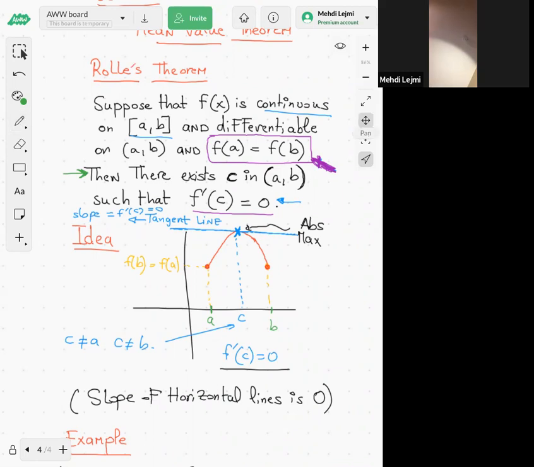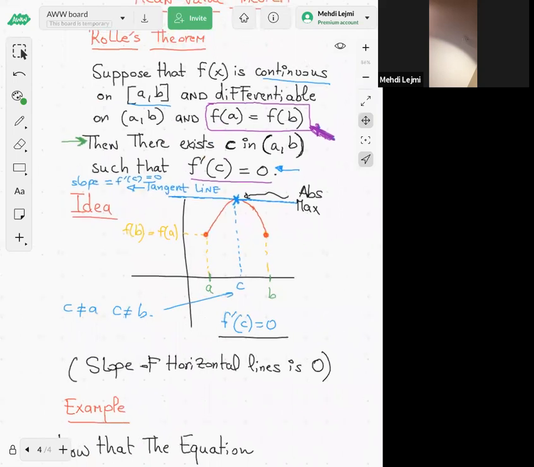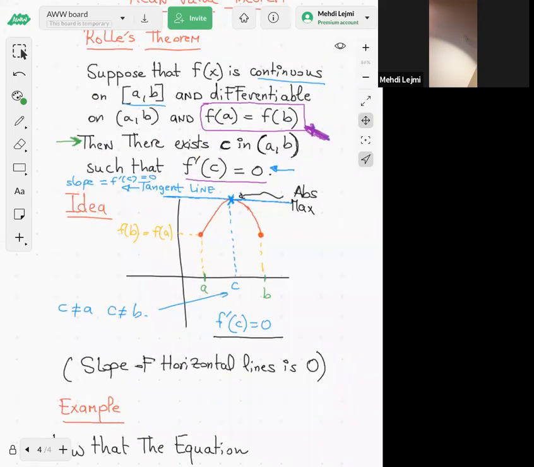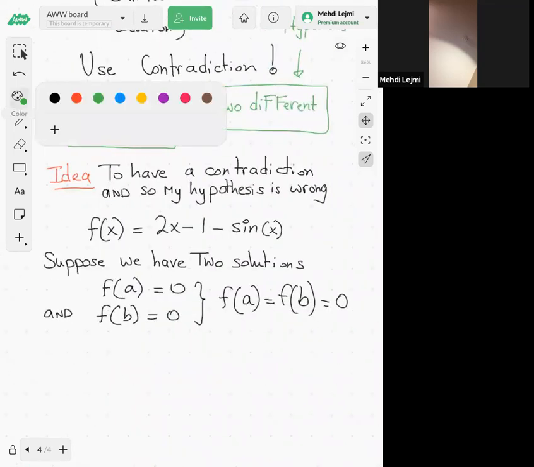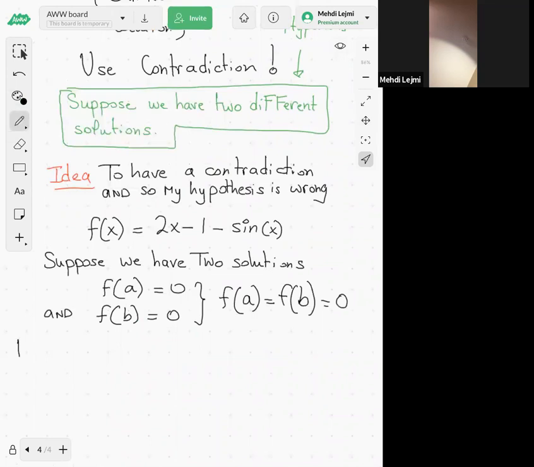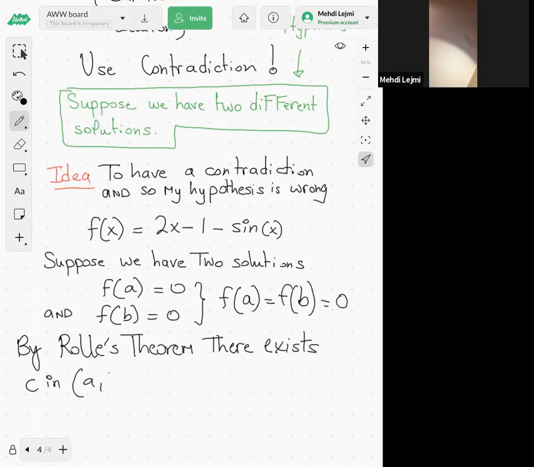So by Rolle's theorem, there exists a c in the interval AB such that f prime of c is 0.